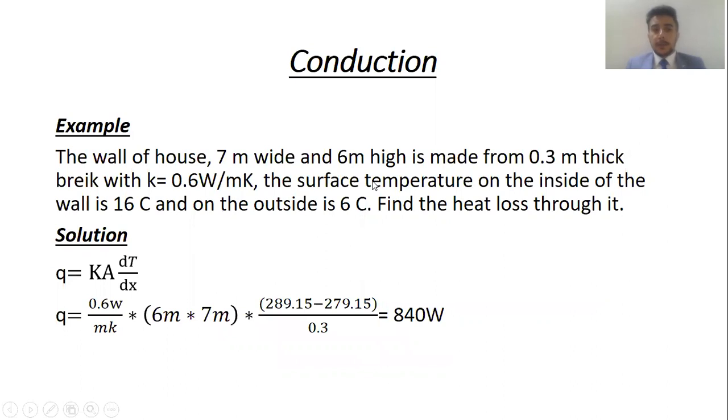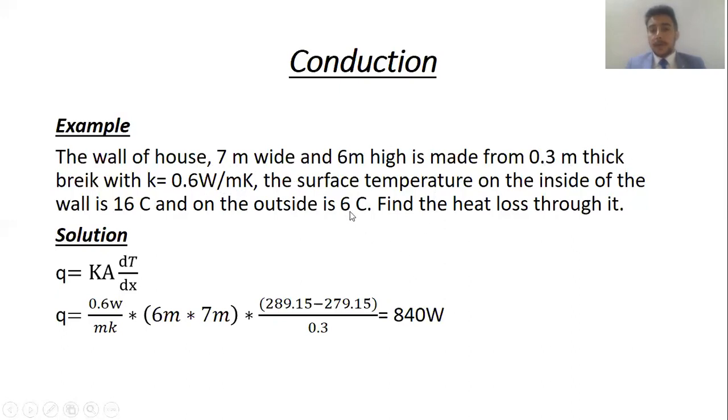Here we have a simple example about conduction. The wall of a house is 7 meter wide and 6 meter high, and is made from 0.3 meter thick brick with a thermal conductivity of 0.6 watt per meter Kelvin.